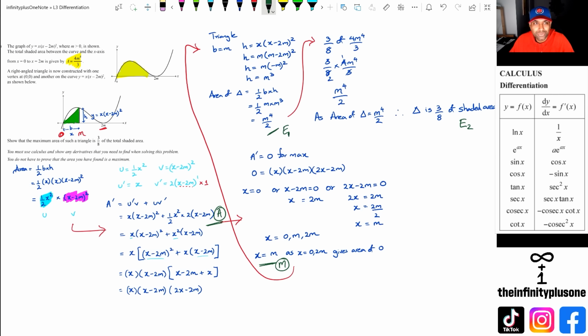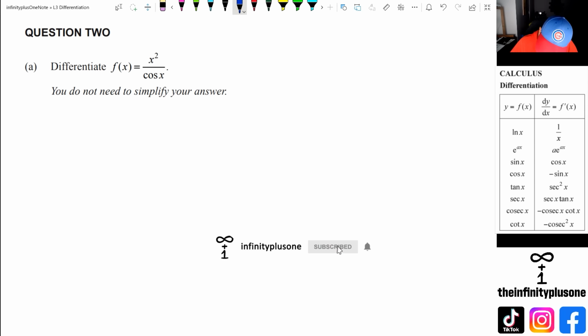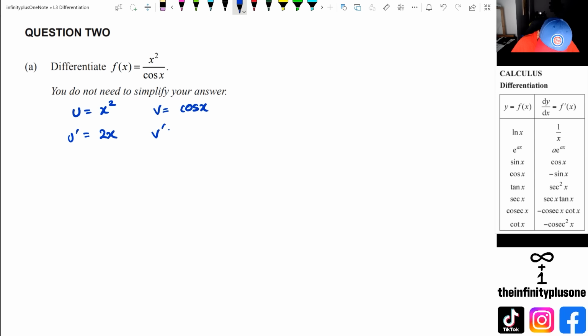All right, let's go to question 2, folks. Question 2, what we've got is a straightforward differentiation question, but we've got quotient rule that we have to use. So we're going to put down u is equal to x squared and v is equal to cos x. So u dash is equal to 2x, v dash is equal to minus sine x.